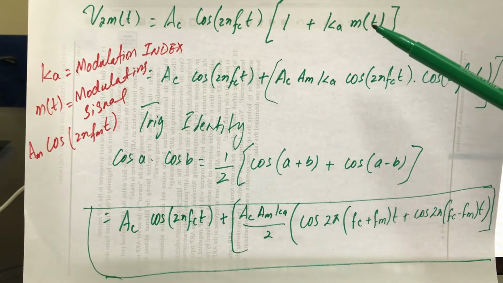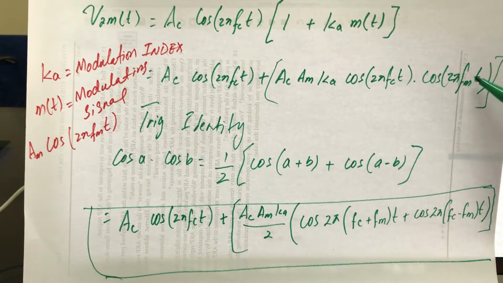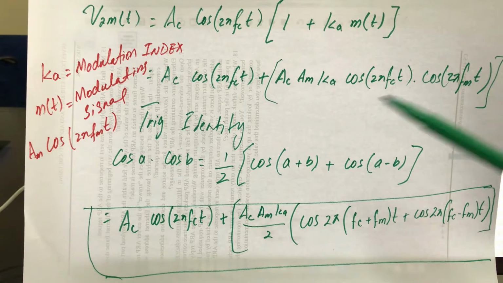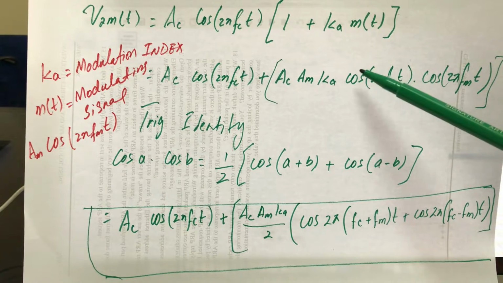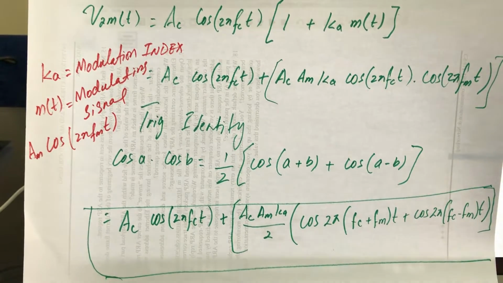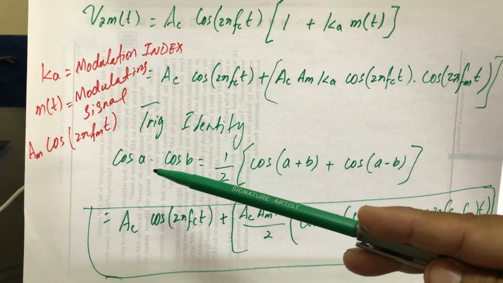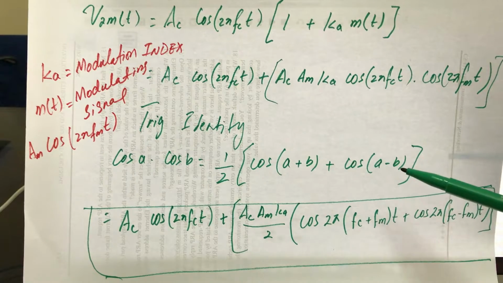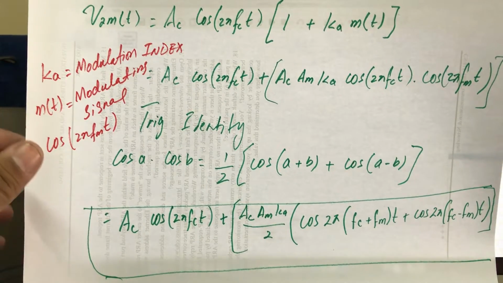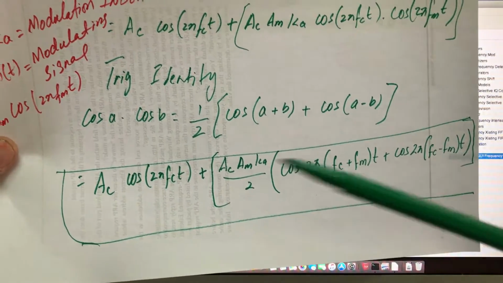So in place of my modulating m(t), I have written AM cosine 2 pi fM t. It has an amplitude AM, and this is just some multiplying factor. This is multiplying both of these components. So using my trig identity, which is cos A times cos B equals 1/2 [cos(A plus B) plus cos(A minus B)], simply applying this, you will get this.